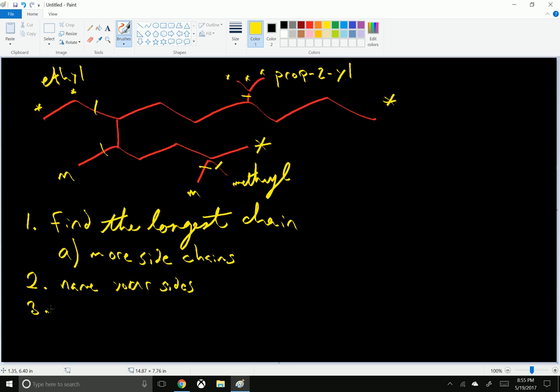Step 3, we number the main chain. When you number your main chain, you're always going to be faced with 2 options. From one end to the other, or from the other end to the one. So 1, 2, 3, 4, 5, 6, 7, 8, 9.